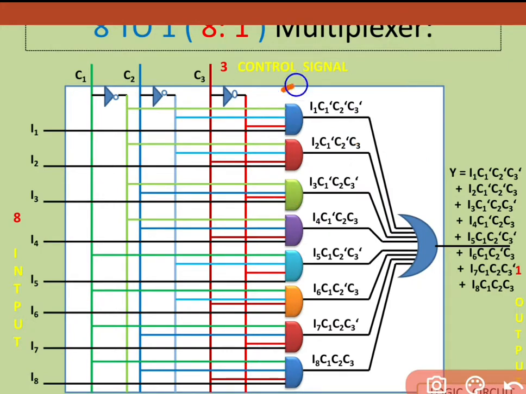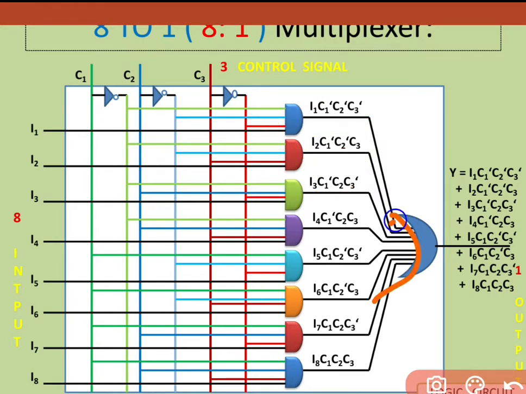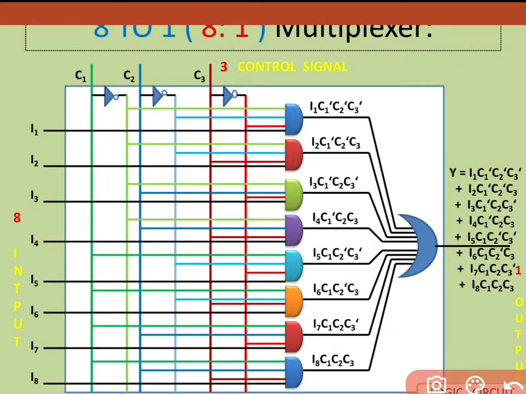In this manner, everything is created with the help of AND gate, and we are forwarding it with the help of OR gate. Any signal becomes 1 anytime, and the OR gate forwards it.